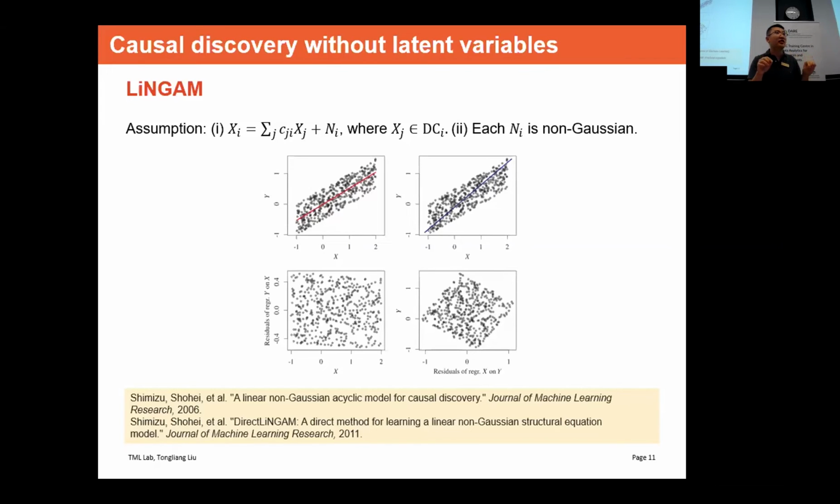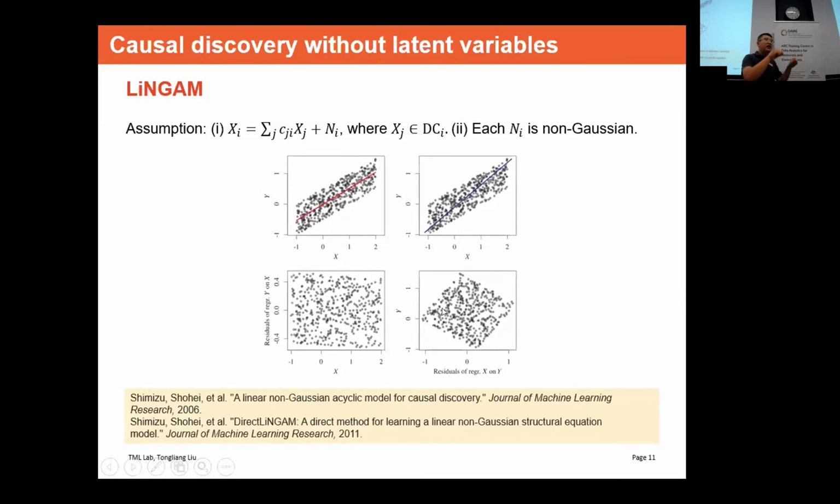If the noise is Gaussian, then when we do the regression, the residue is uncorrelated with y, and uncorrelated means independent. But if it is non-Gaussian, then the residue will depend on y.